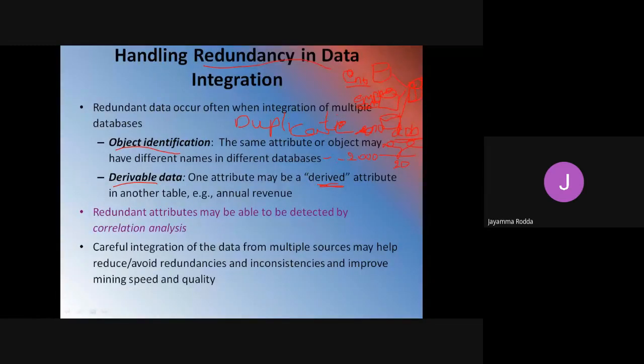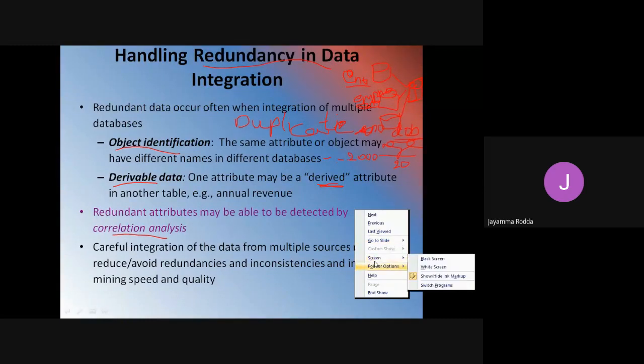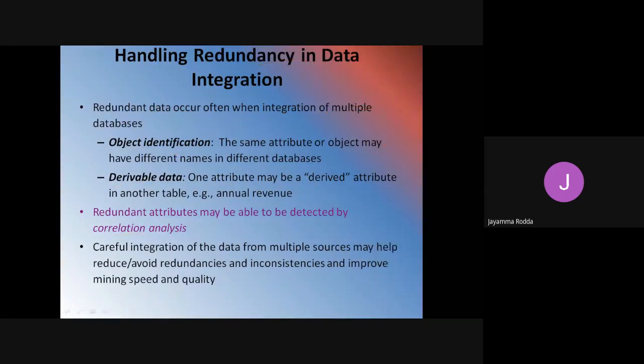Redundant attributes may be detected by correlation analysis. What is correlation analysis? We will see. Correlation analysis is nothing but trying to identify the relationship between two attributes with a method. When you find a relationship between the attributes, we will try to use only one of the attributes.